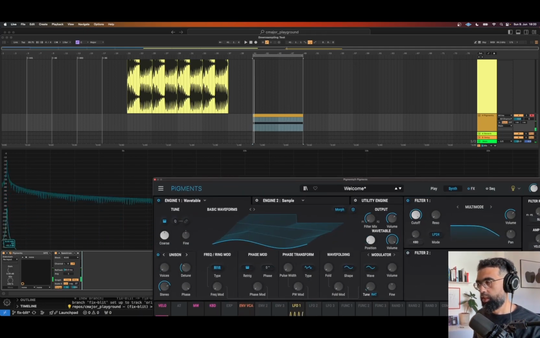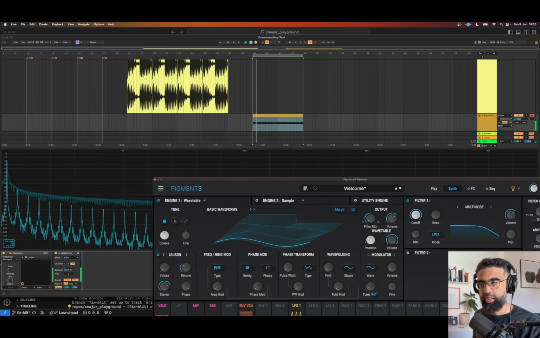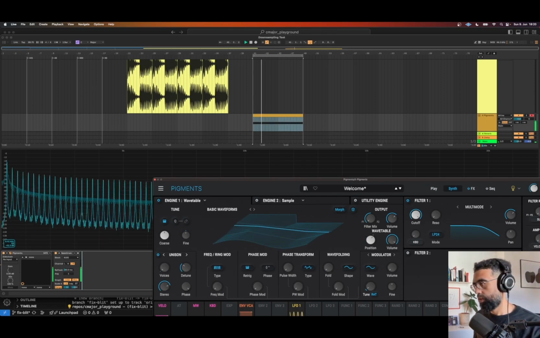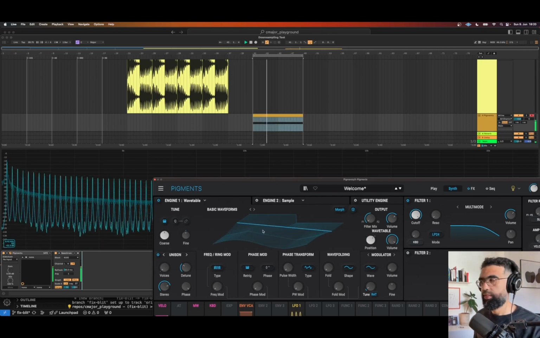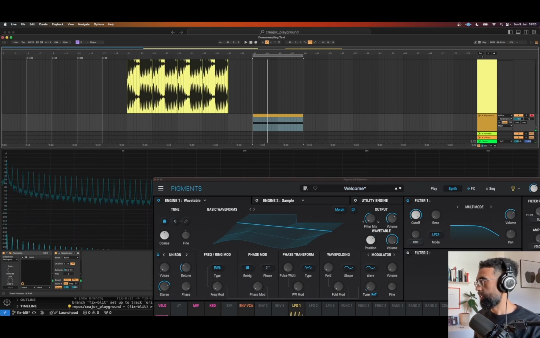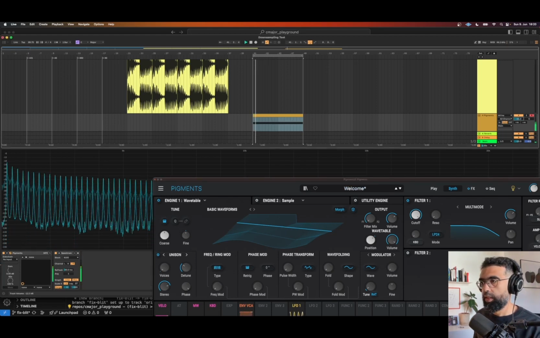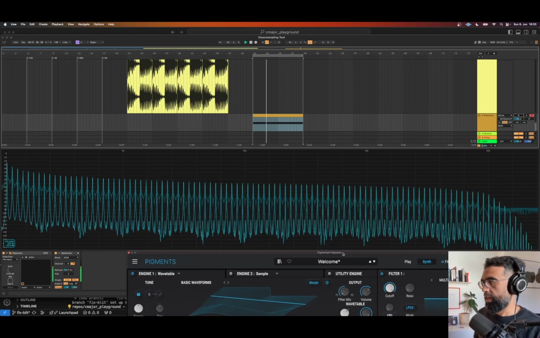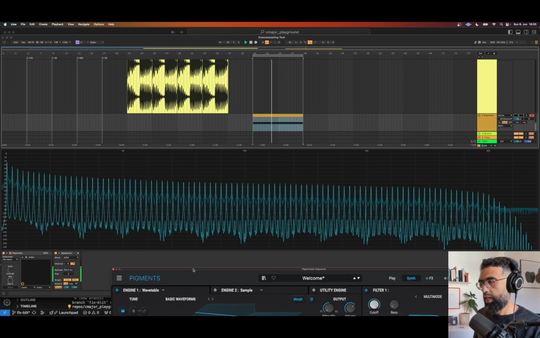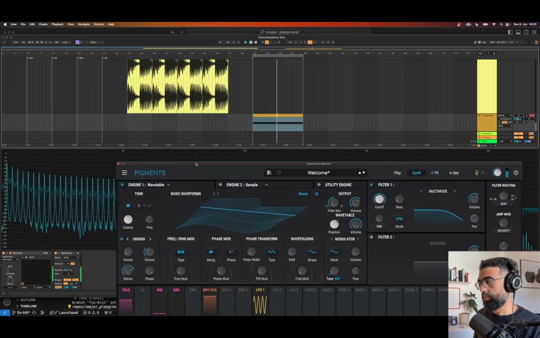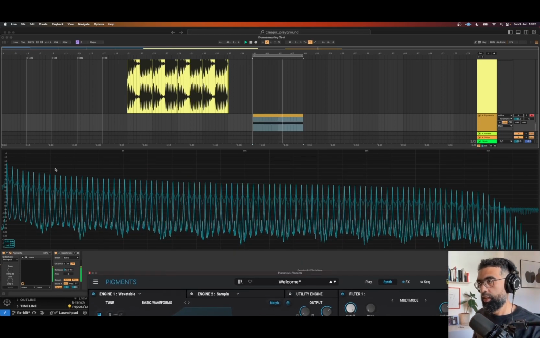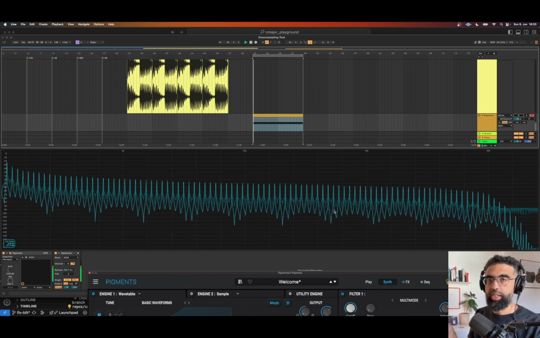Now let's spice it up a little bit. I'm not going to do that too much because that can be really annoying. Okay, so here we have a sawtooth wave. Here, basically what we expect is harmonics at frequencies that are integer multiples of the fundamental.